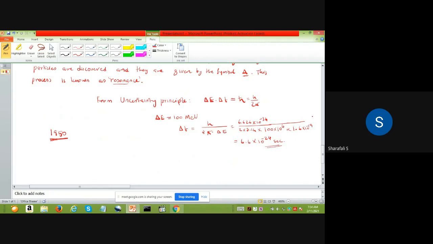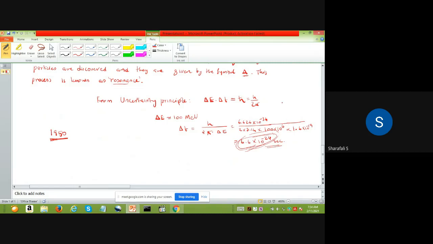So we cannot observe any change in this particular interaction, but in between some particles are formed and they have only 10^-24 seconds of lifetime. They decay very quickly and become their decay products, which is nothing but π+ and proton. That's why that hill is coming.